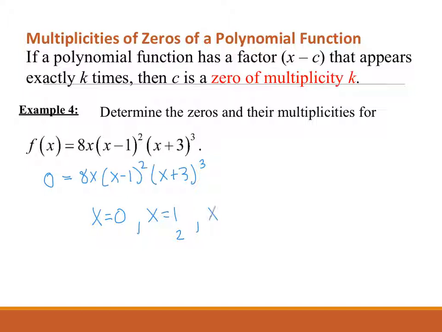And x is equal to negative 3 with multiplicity 3. So here are our multiplicities, right? We don't have to always write them down. In fact, we won't actually be writing the multiplicities down, but we'll be using them to graph.